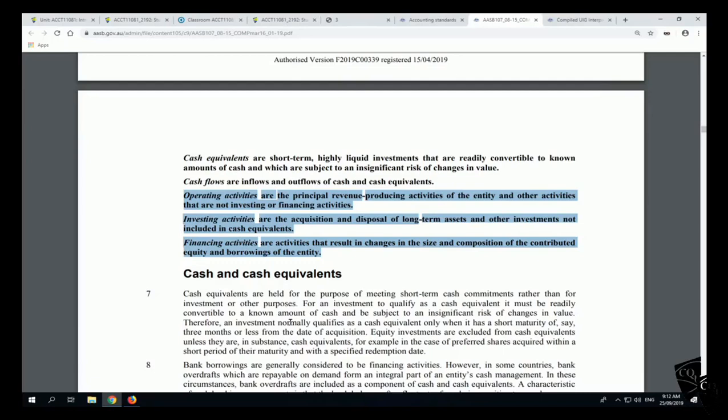And financing activities are activities that result in changes in the size and composition of the contributed equity and borrowings of the entity. So remember, we'll cover equity next week in week 11. We'll look in more detail about debt and equity items then. So financing activities are to do with those items. Now we'll look at these three activities today in more detail right now.